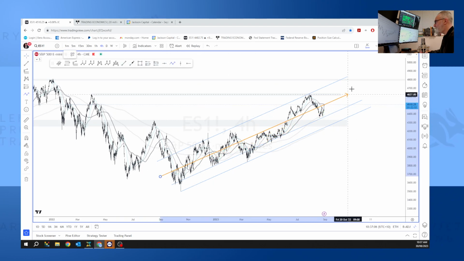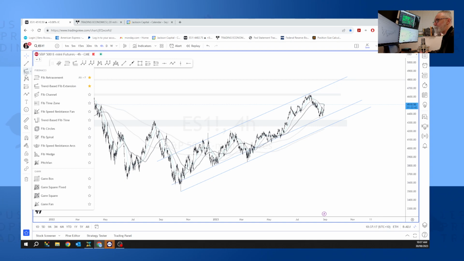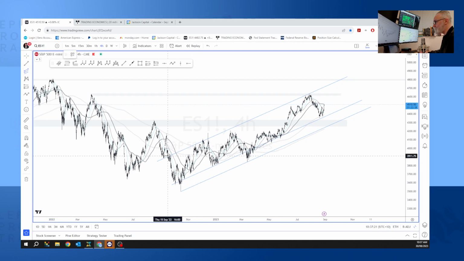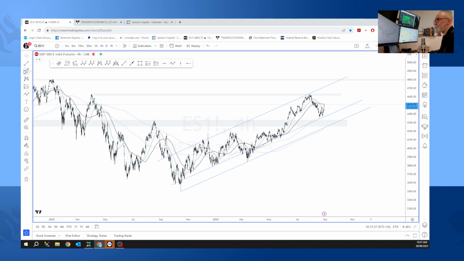Okay. So what we might want to do, and this is what Nick does, is kind of find the center line of it. Now there's different ways that you can do that. You can come over and bring it onto a fib regression tool, something like this. Okay. No, that's not it. No, I'm not going to do that. Let me go back.